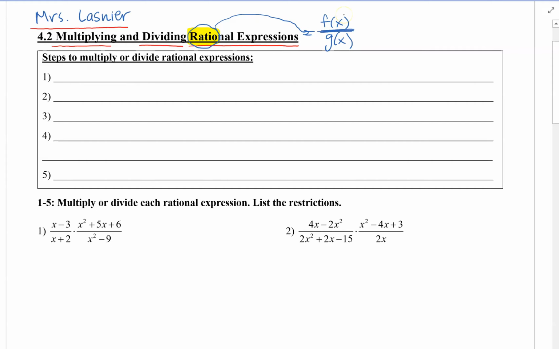Now, one other thing that you need to understand about a rational expression is that it's not a ratio of any two functions, but a ratio specifically of what we call polynomial functions. So it would be f of x divided by g of x, where f of x and g of x are polynomial functions. And specifically, g of x is not allowed to be 0.